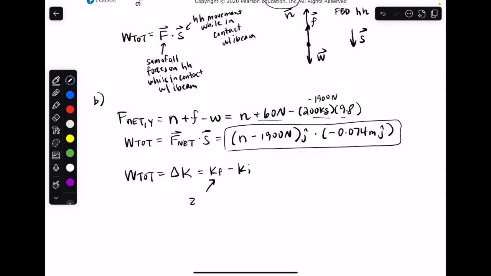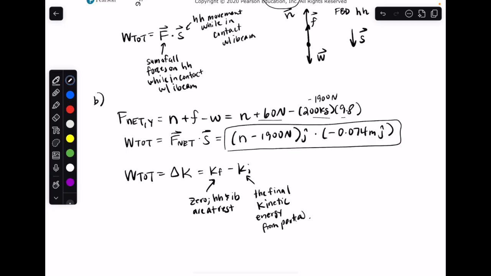So this is going to be 0 because the hammerhead and I-beam are at rest. And then this is going to be the final kinetic energy from part A. Why is that?